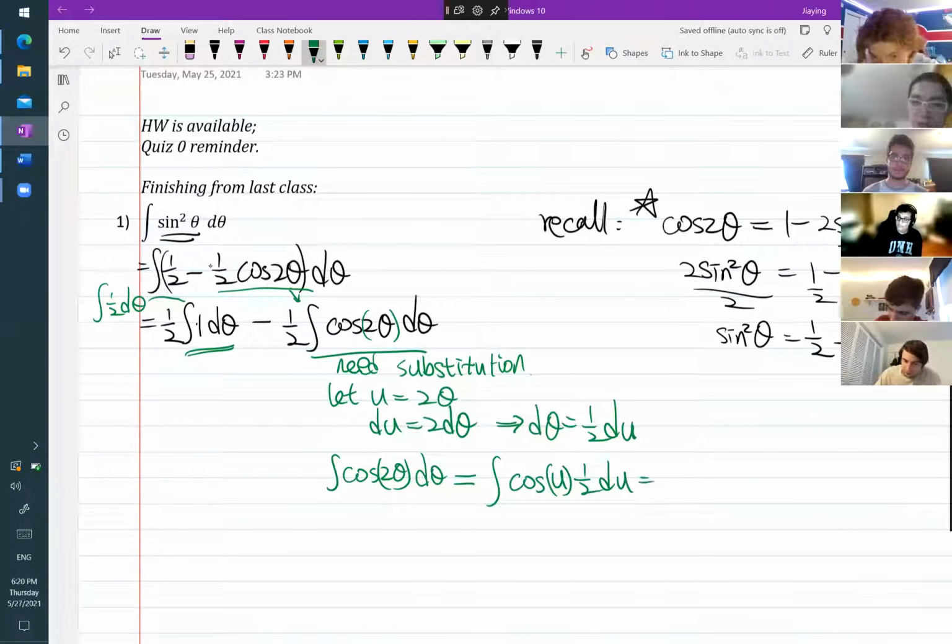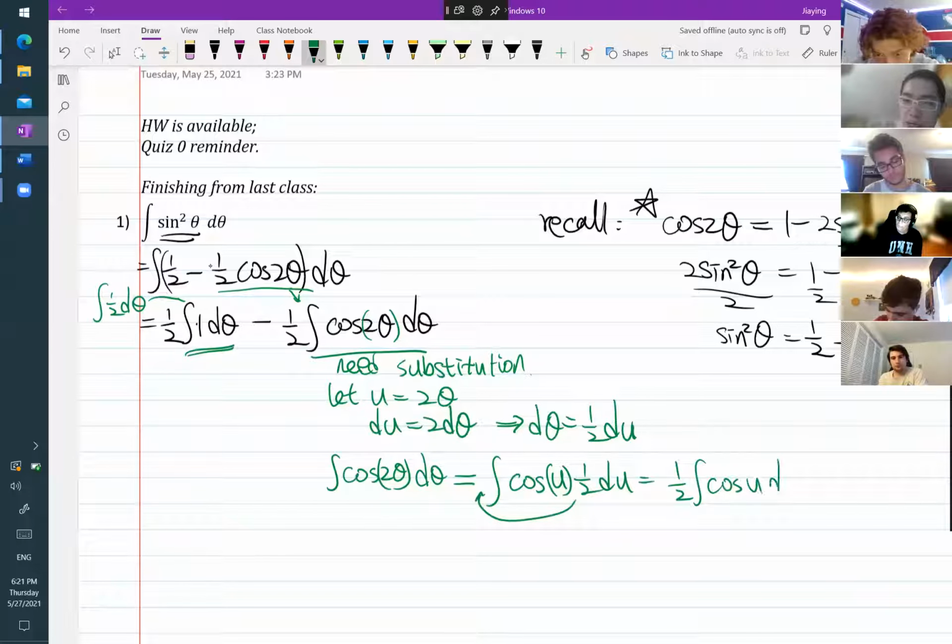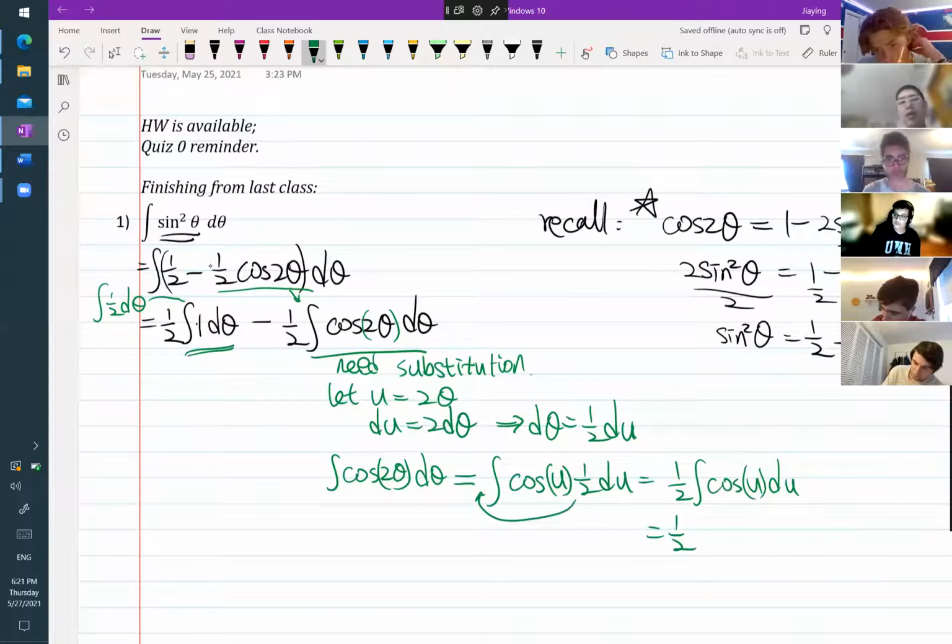So that becomes 1/2, bring the half in front again. So we got 1/2 integrating cosine u du. And this part we know. If you recall, when we integrate cosine, we get sine, right? So we get sine u there.